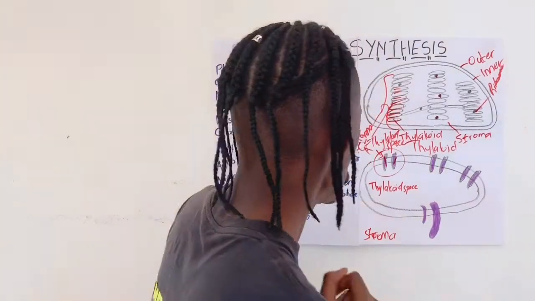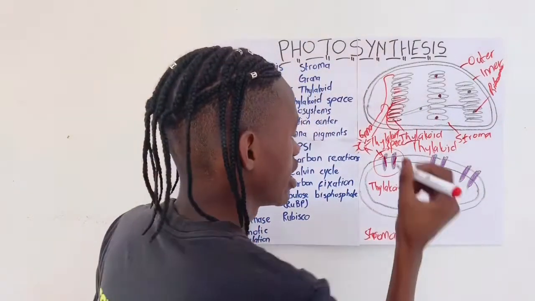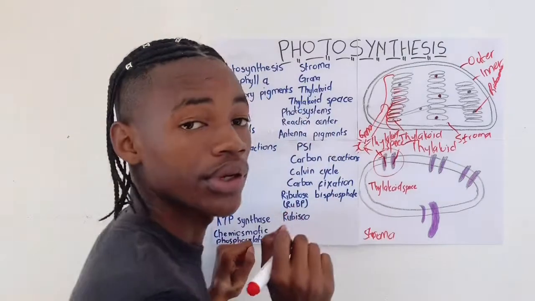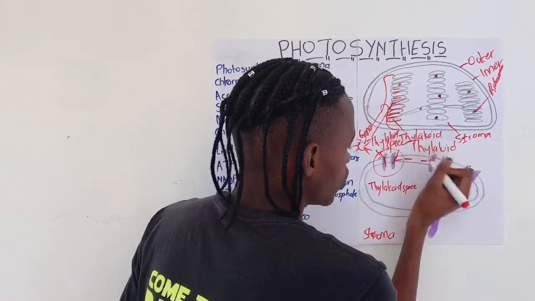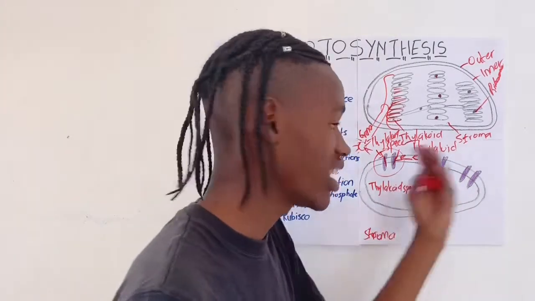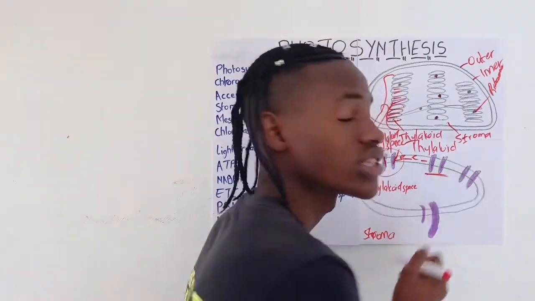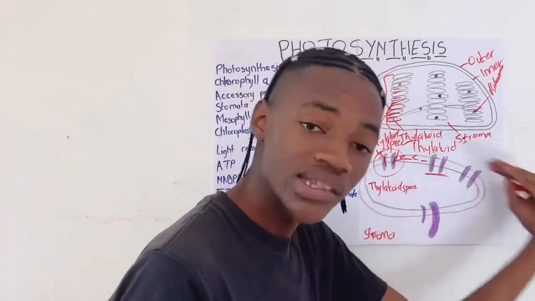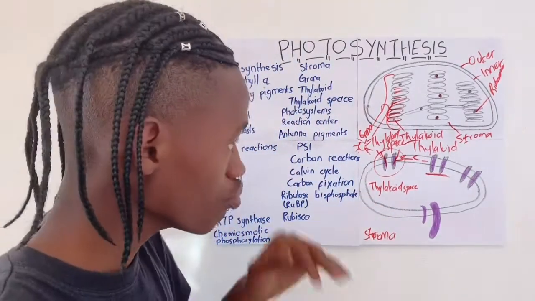proteins. Okay, so now the excited electrons jump, and when they jump, they start their movement within the electron transport chain, and they move to the next protein within the thylakoid membrane.